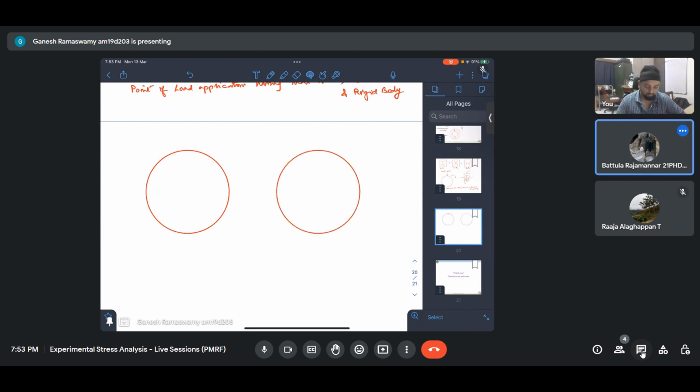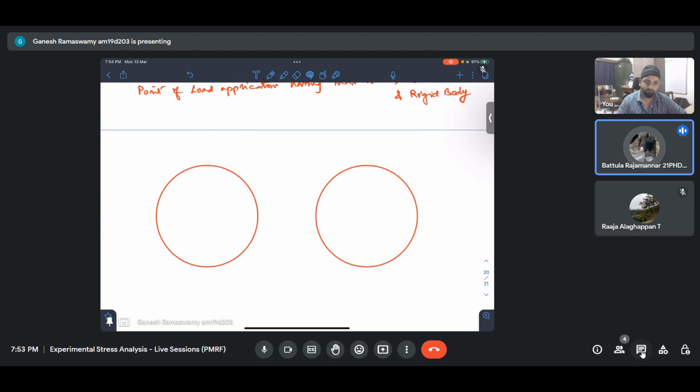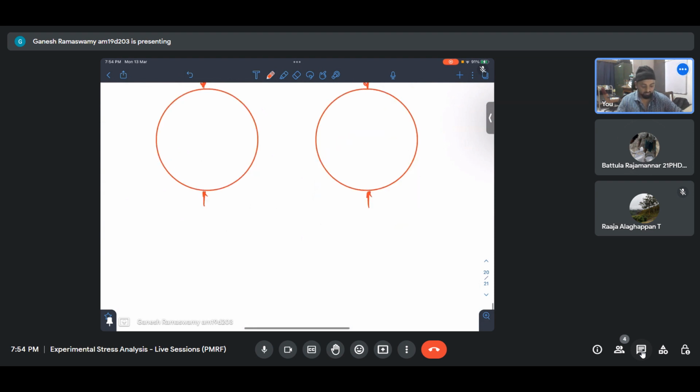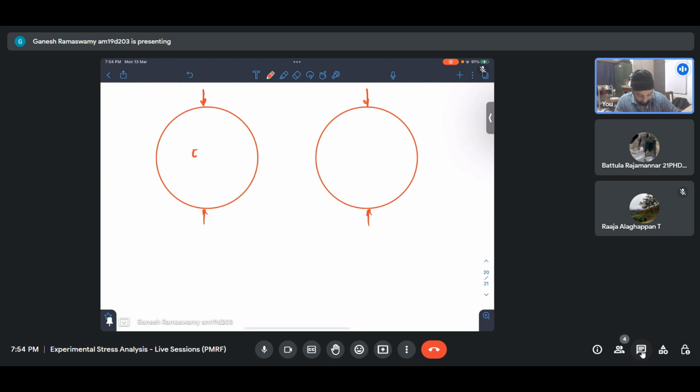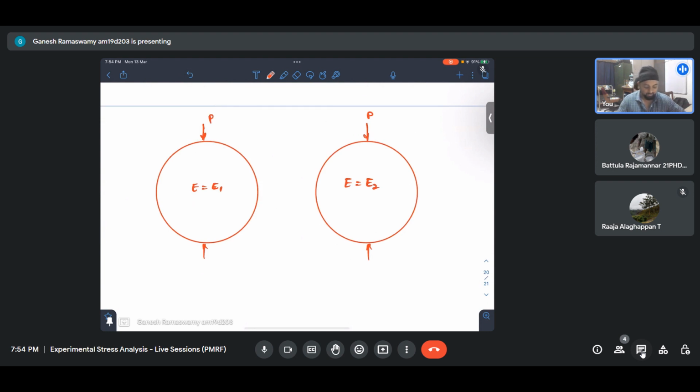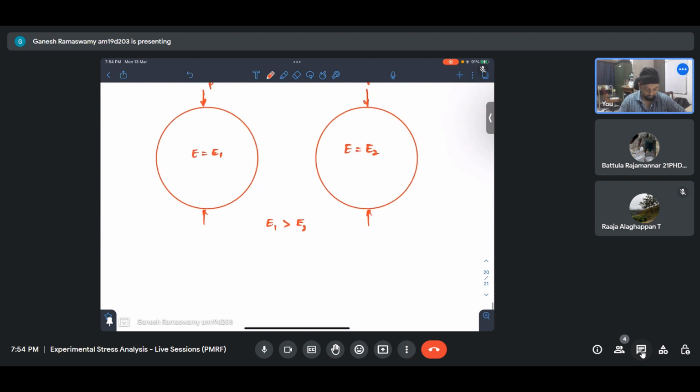So if this has a stiffness of E1 and this has a stiffness of E2, and we subject both to the same load P, then considering that E1 is greater than E2, the deformation of 1 will be less than the deformation of 2.